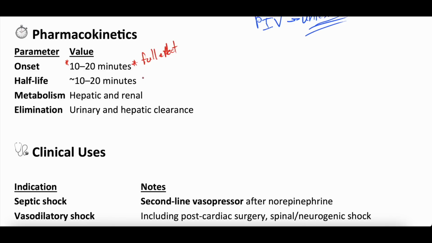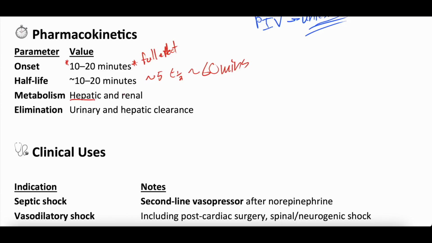And then the half-life is 10 to 20 minutes. So after you turn it off, it'll still stick around for another 10, 20 plus minutes, right? So 5 half-lives is getting closer to an hour, which is when they say usually most drugs go away, in 5 half-lives. So 5 half-lives, T1/2 would represent half-life, is about an hour depending on what you choose from that 10 to 20 minutes.